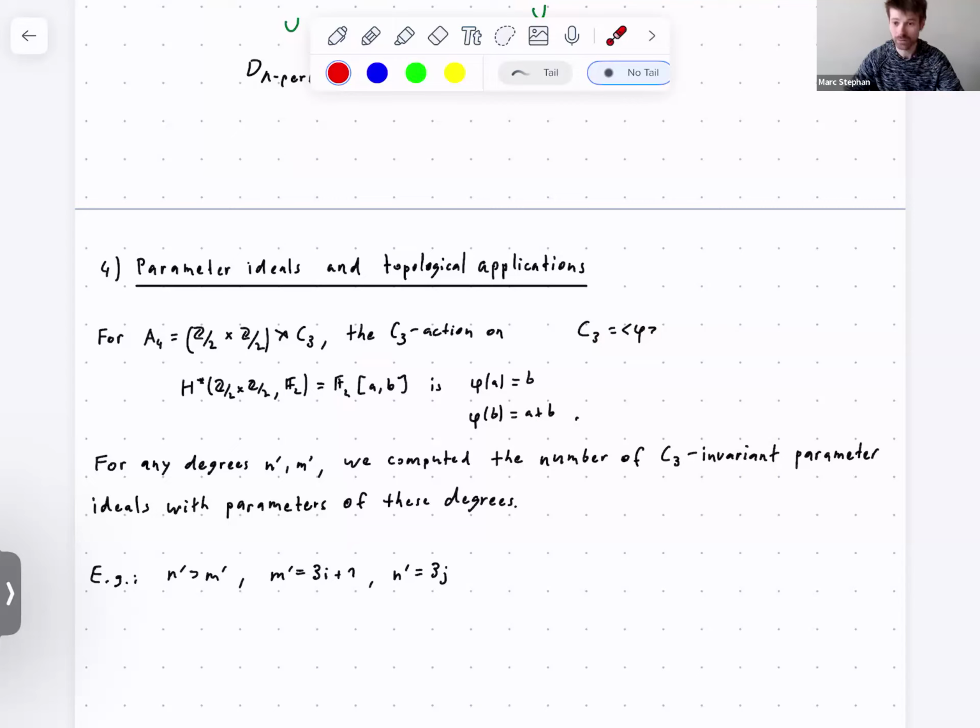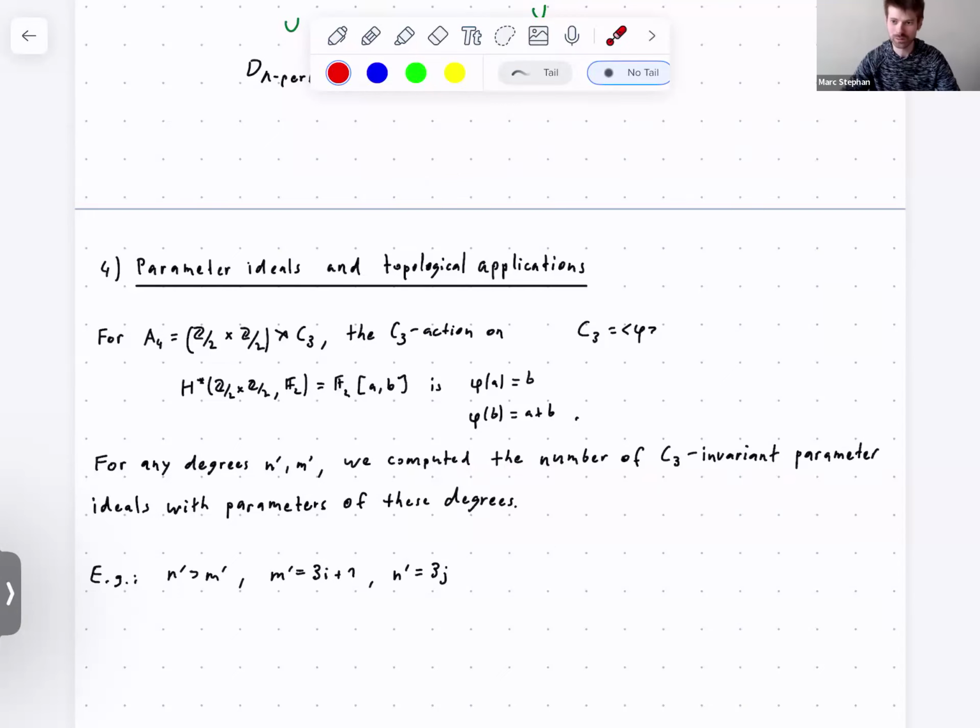And now if you want to classify perfect complexes, let's say that have to have homology in degree 0, n, m, and n plus m, then we need to look at n plus 1. This should be this n prime. At m plus 1, this should be this m prime, and compute the C3 invariant parameter ideals with parameters of these degrees.